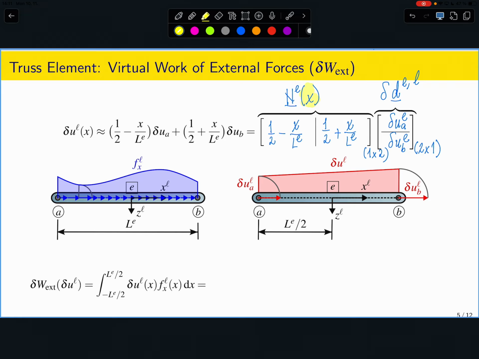And the main reason why I was doing that is that I now know that instead of writing in that previously derived expression this delta UL as a function of x, I can write this in this compressed format, saying that this is the matrix NE as a function of x times delta DE in the local coordinate system, where just in the spirit of the previous derivations, this is the matrix of so-called shape functions.